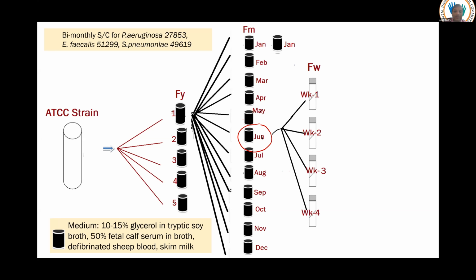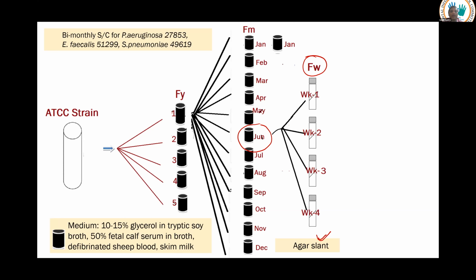After thawing, you have to do a subculture on the agar slant. You do a subculture on agar slant or agar butt, nutrient agar butts you can use. And there you have to prepare 4 stock cultures. Those are called weekly subcultures.